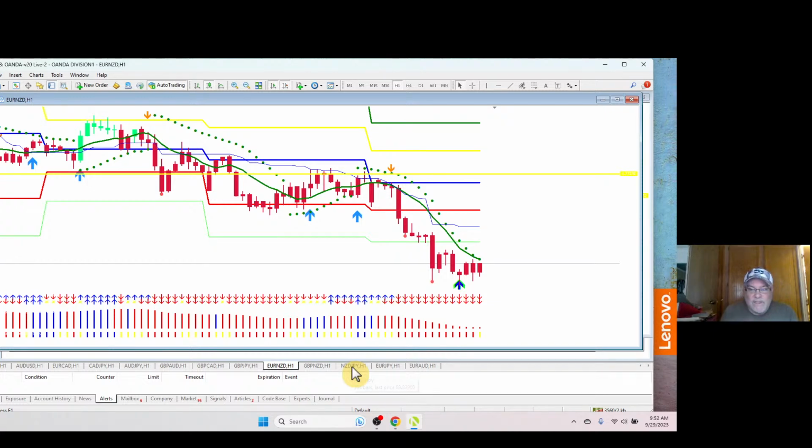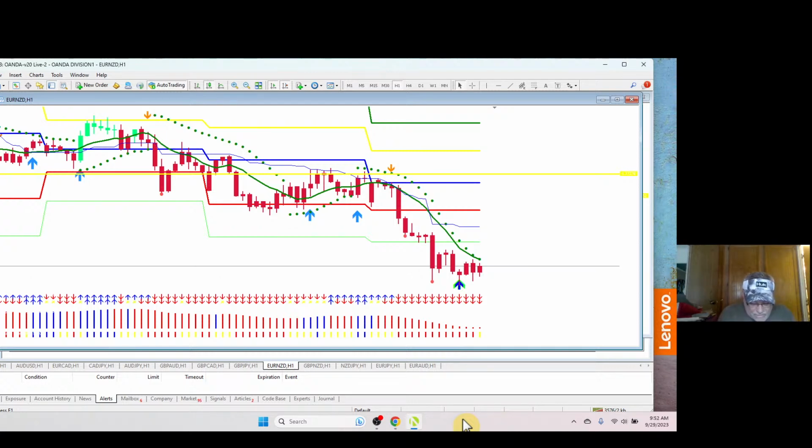Why do I keep saying we? Me. And we're approaching the profit target of the Aussie dollar, and the Euro New Zealand is moving in our direction.